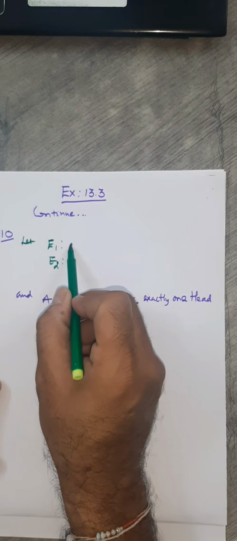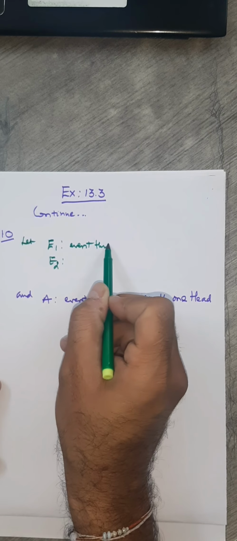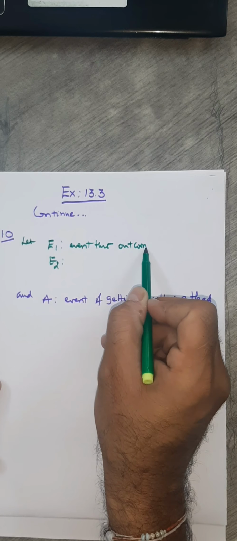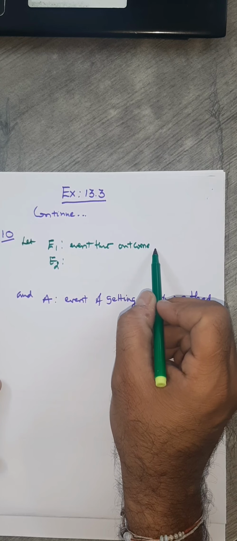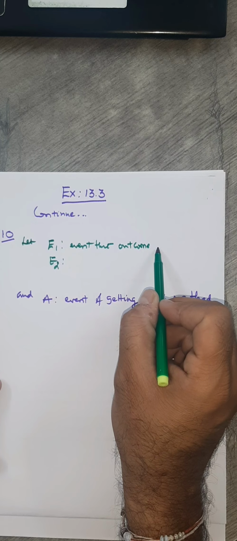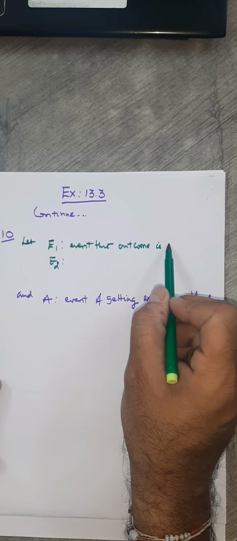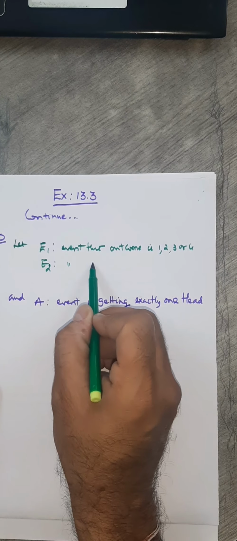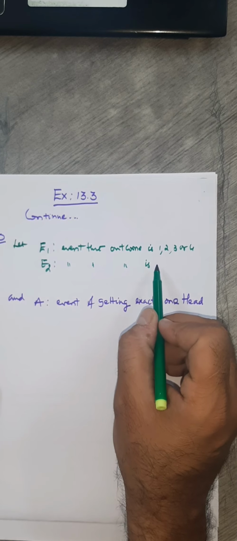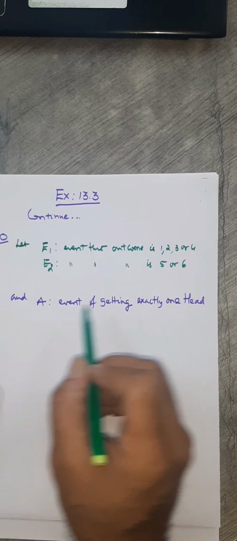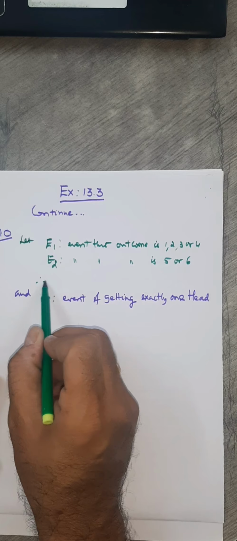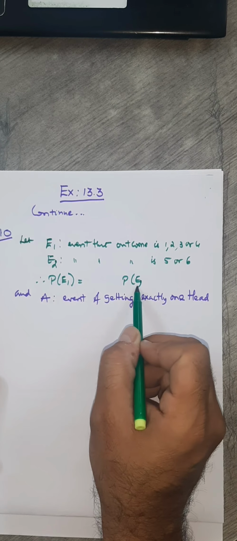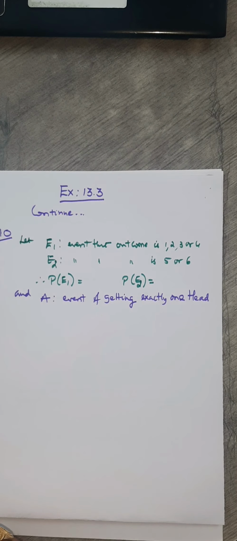So E1 is the event that the outcome is either 1, 2, 3 or 4, and E2 is the event that the outcome is either 5 or 6. So you can write the probability of E1 plus the probability of E2, and the summation should be exactly 1.